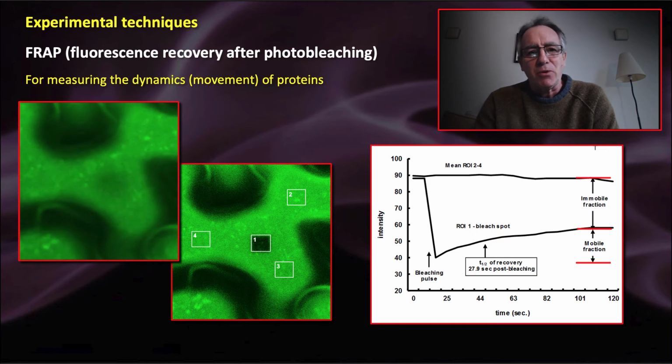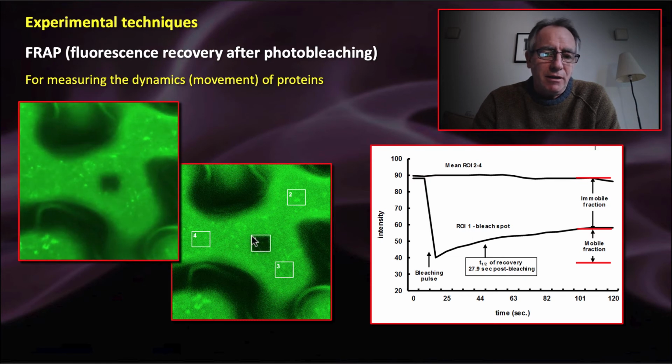In this case, what I want to do is measure the rate at which that protein, the plasma membrane protein, moves. So we do the FRAP experiment, and at the end of the experiment, we measure how long it takes the fluorescence to recover in the bleached region, and to what level it recovers within the region. And as well as measuring that region there, you'll see that there are 3 other regions that are indicated here.